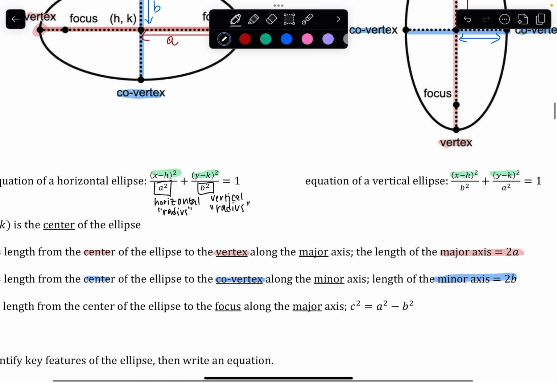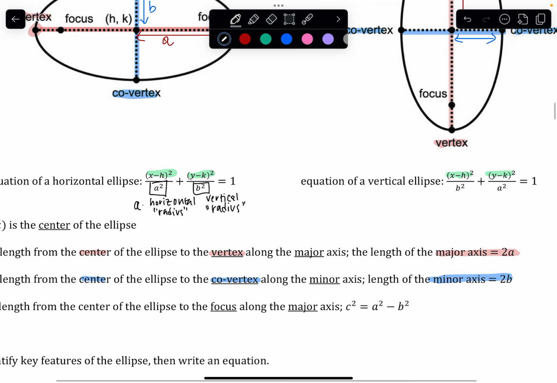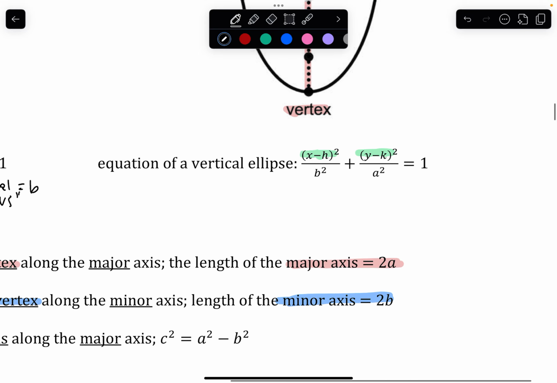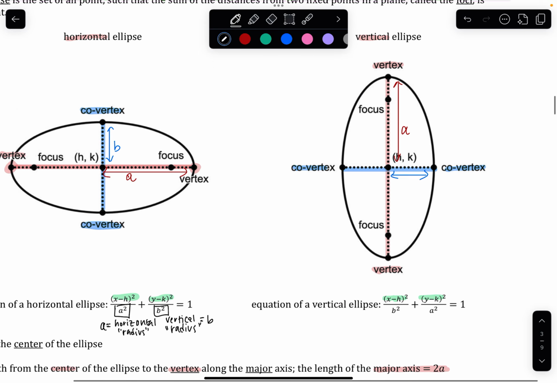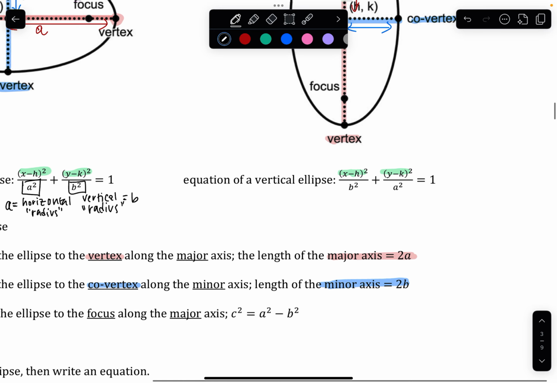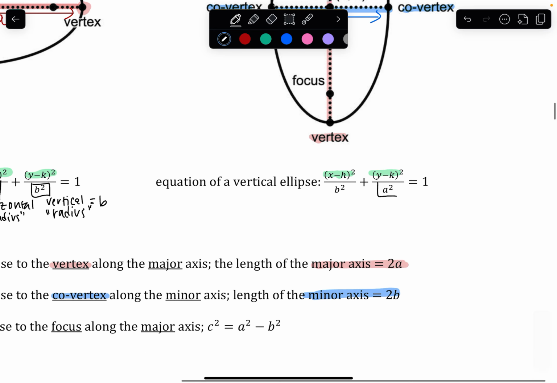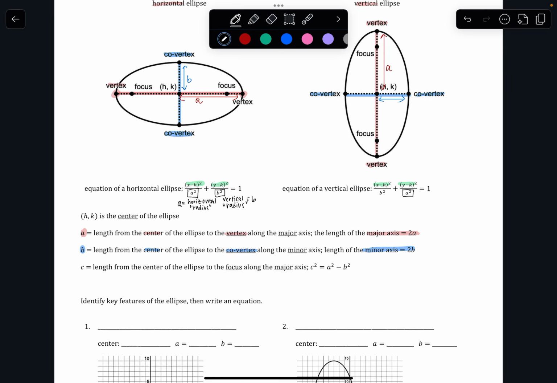Okay, and so of course you're going to take the square root of those because that says a squared, that says b squared. And so here a squared, a is always going to be your bigger value because it's your distance to the vertex, which will always be the major axis. And so here for a vertical, your a is under the y.